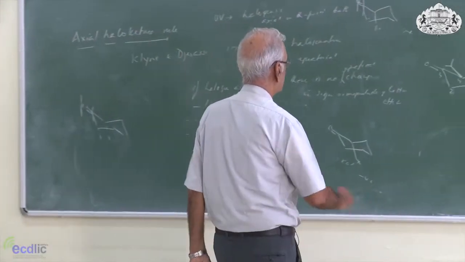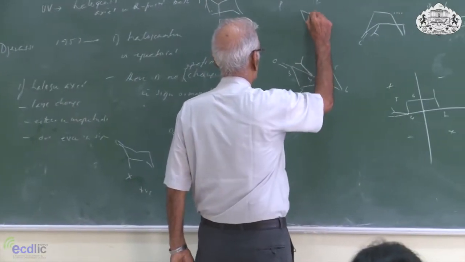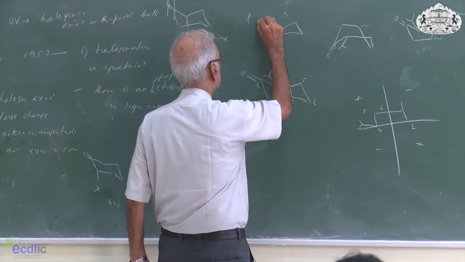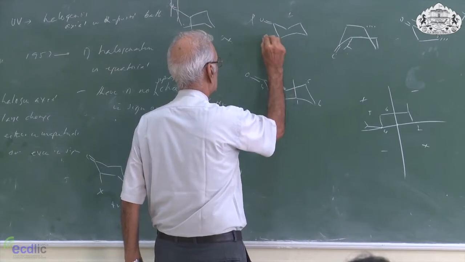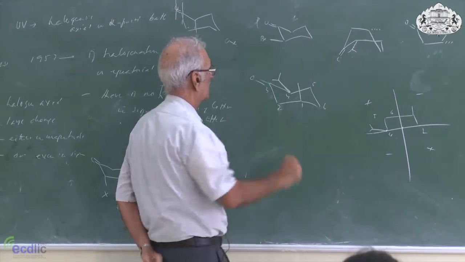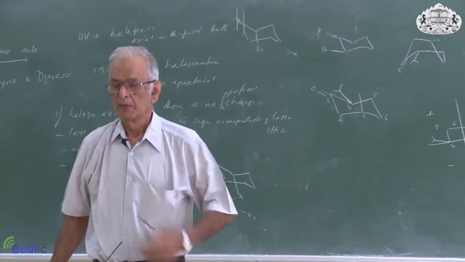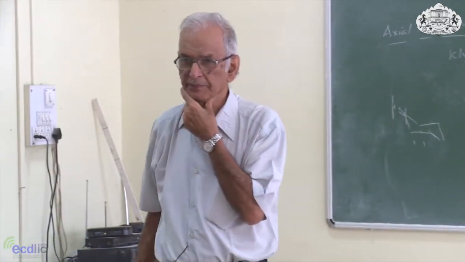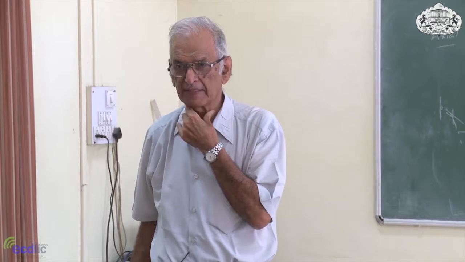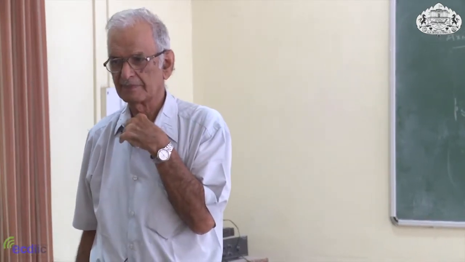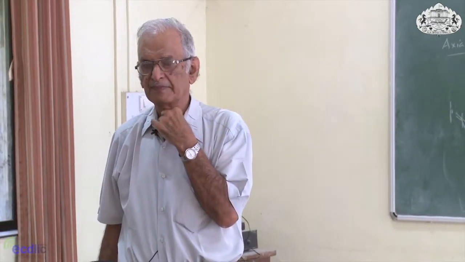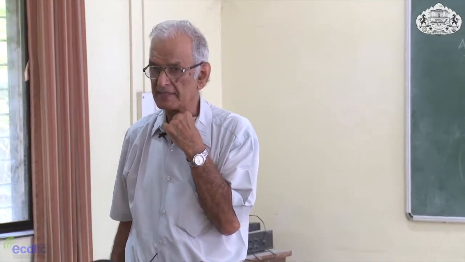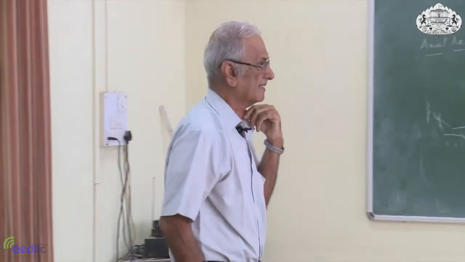The IR picture is quite the opposite. When the halogen is equatorial, what happens? The IR frequency increases. Why does it increase?